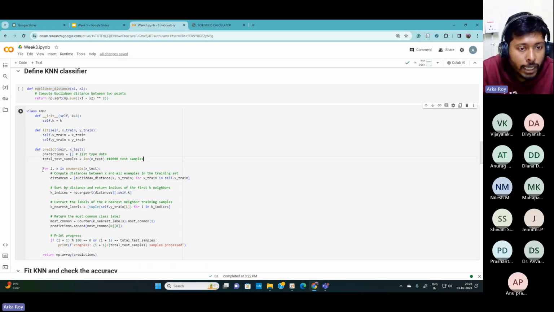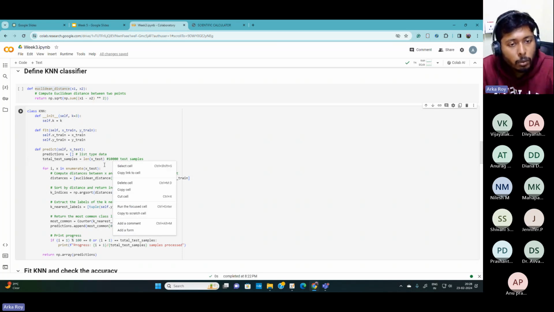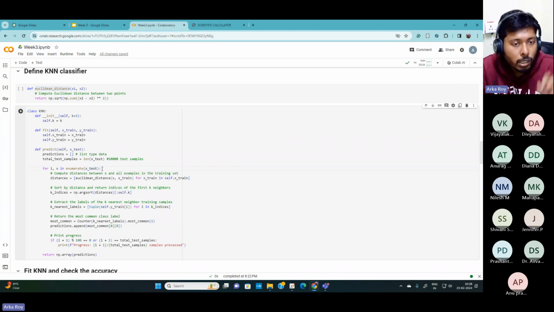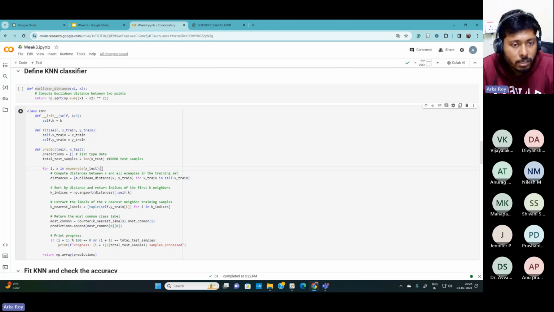Now you write a for loop for all these 10,000 images. For i comma x in enumerate x test, it will give you the total number of such vectors that comprise x test.